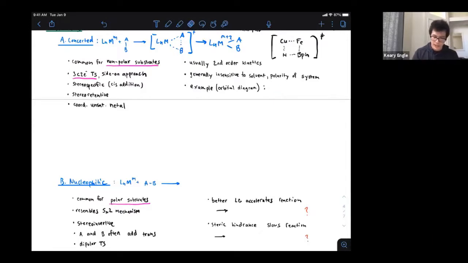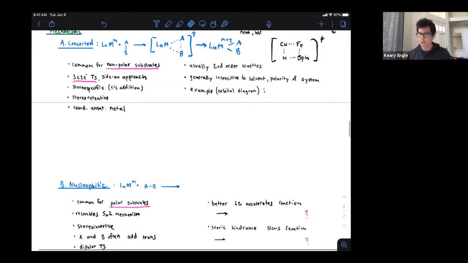In terms of underlying kinetics, usually this process is second order, because the part that's slow is the bimolecular association. In contrast to what we'll see next, where you have substantial charge buildup during the transition state, in this concerted pathway there is not much charge buildup.